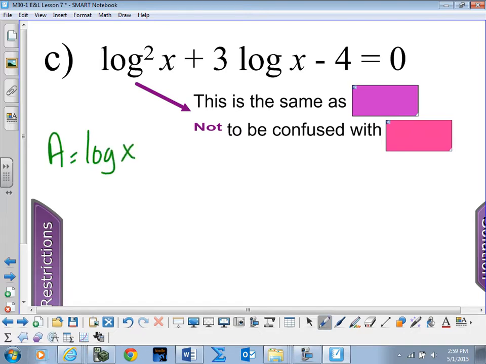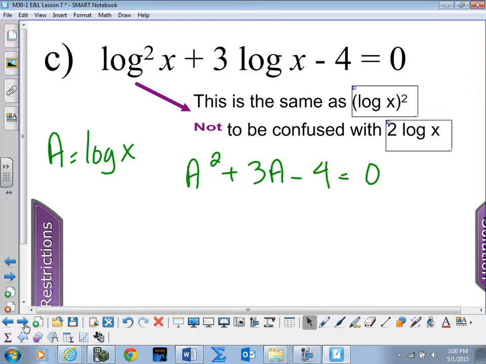If we replace the log x, get it out of there, I am trying to be neat. I know sometimes it's hard to tell. a squared plus 3a minus 4. Wow, look at that. How is that not an easy quadratic for you to factor?